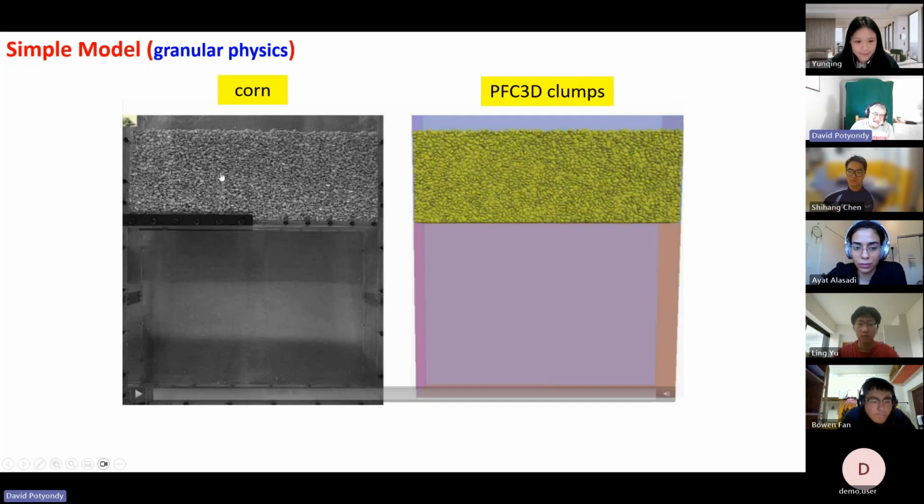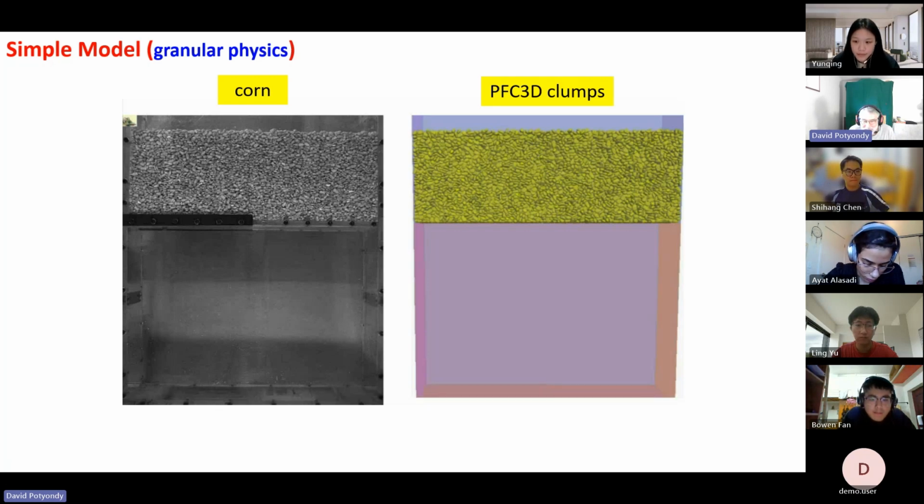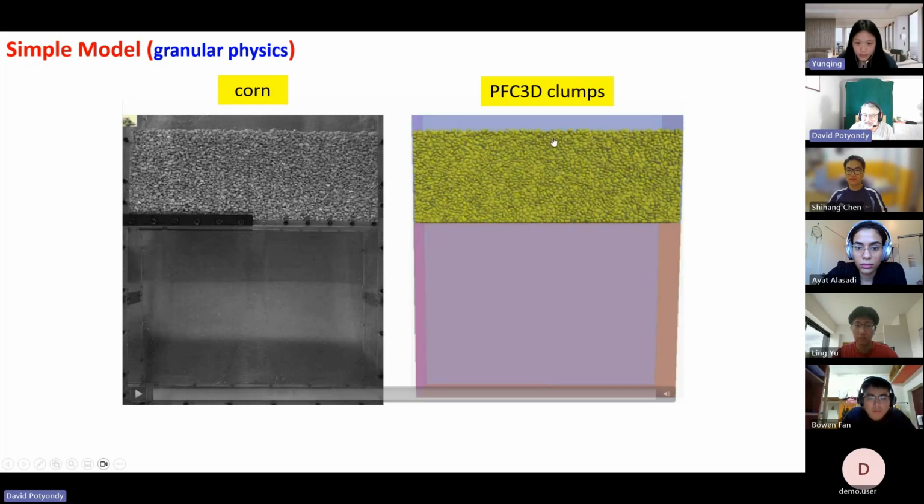And corn is actually not spherical. It's like rice, like an elongated thing. And so he did all kinds of studying, the guy who I'm going to mention here and give his papers, of these types of systems, and he found that he needed to use clumps. So he has overlapping particles that are similar to the shapes of corn.